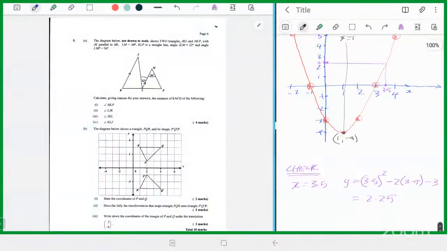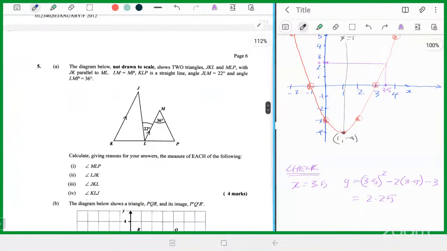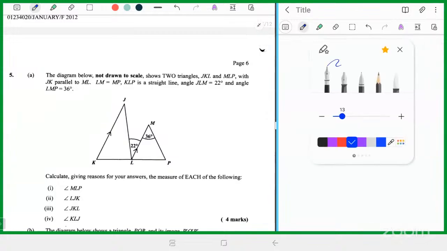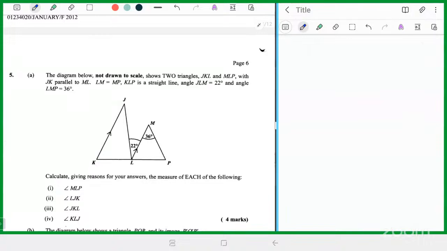Number 5. Let's do number 5. So number 5 has some stuff in it that we don't really cover yet, plane geometry, but we can tell you some of this.